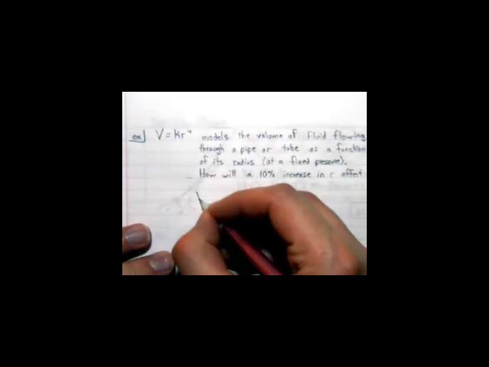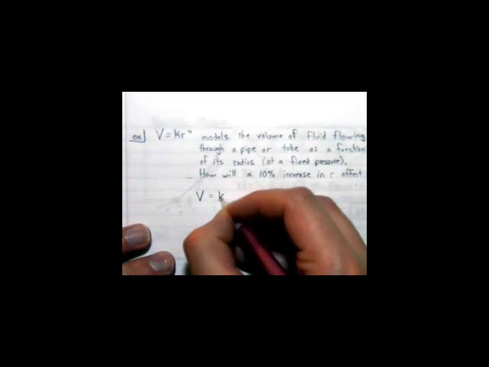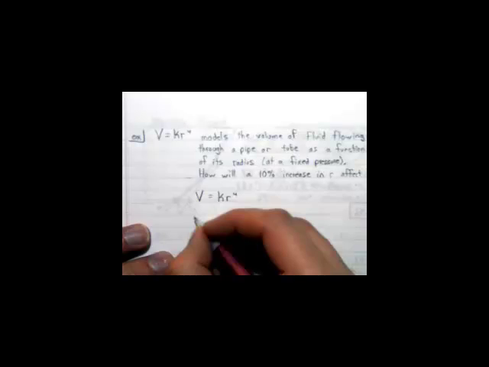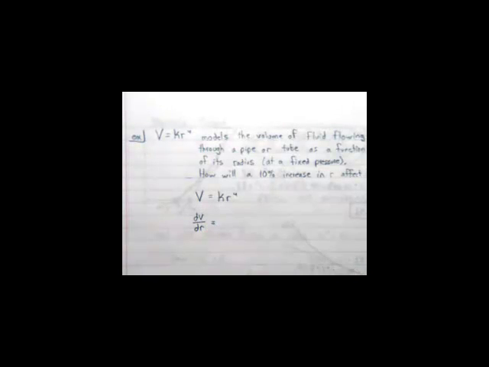Okay, so first things first, let's take the derivative of this thing. We're going to use that to help us do this. So if I've got V equals k r to the fourth, so dV/dr. Remember, k is just a constant. It's just a number. We don't know what it is, but it's just a constant. So what would be then the formula for dV/dr?